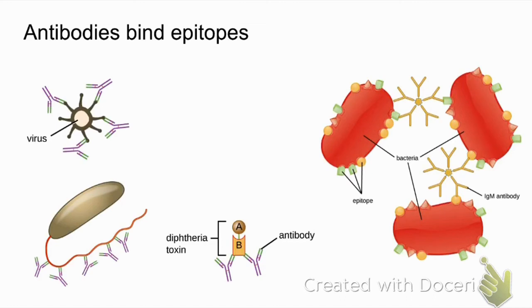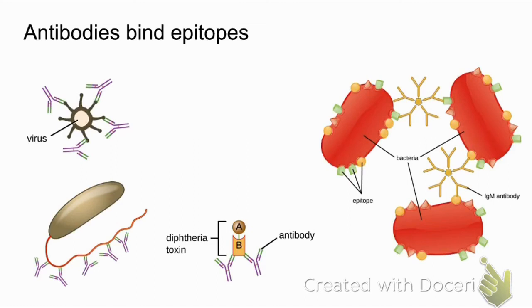The other thing to point out is that these functions of antibodies are not exclusive of one another. Oftentimes, we use these names to describe specific features of them, but to be honest, they are overlapping functions. So let's look at the first 2.